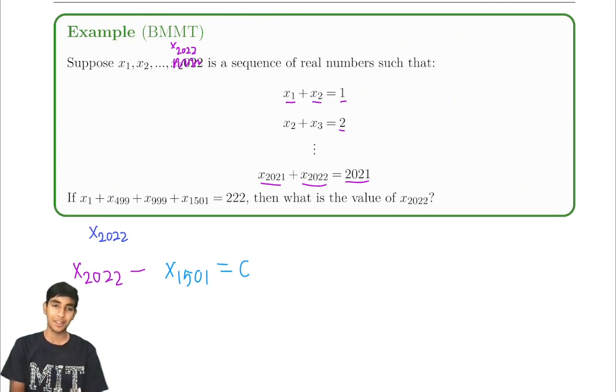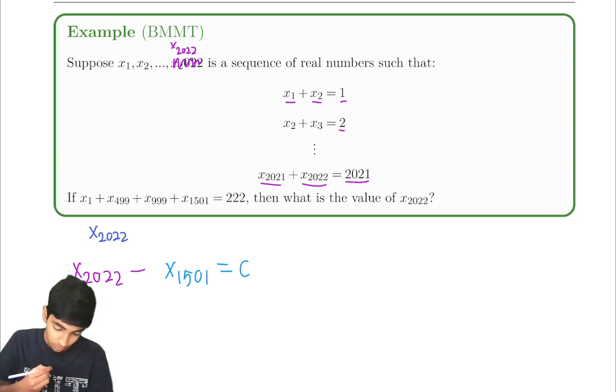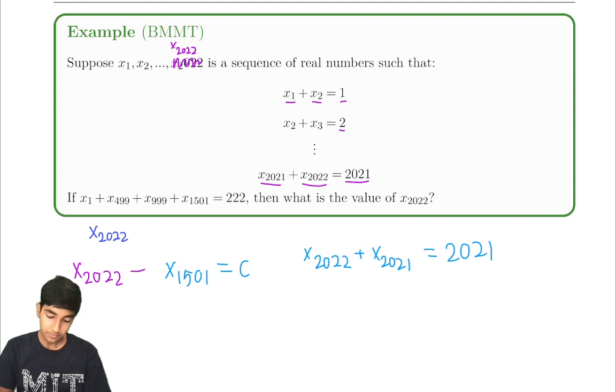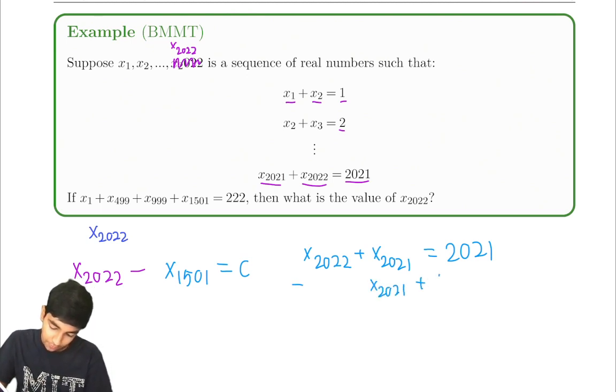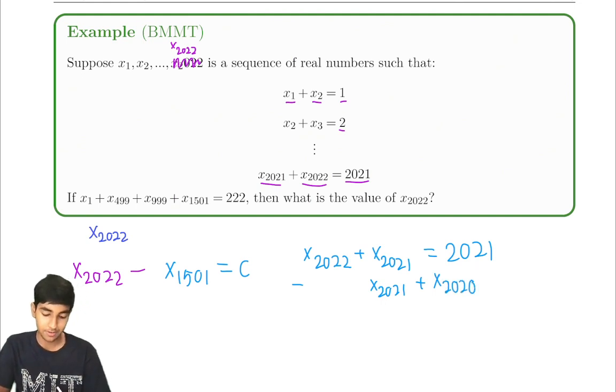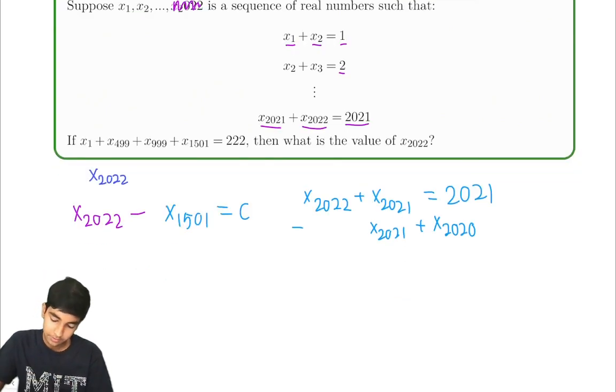Okay, so the key idea here is we have this expression, x of 2022 plus x of 2021 equals 2021. And now the key idea here is we can subtract x of 2021 plus x of 2020 from this expression. So what would that give us? This is equal to 2020, remember?